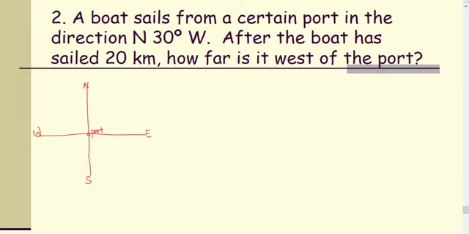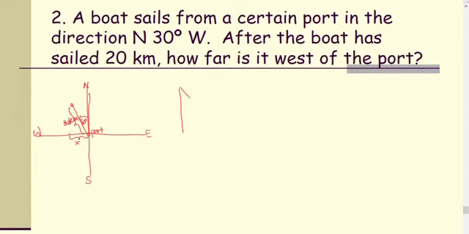The boat sails in the direction north 30 degrees toward the west. After the boat has sailed 20 kilometers, how far is it west of the port? So we are looking for the west direction. Let it be x.